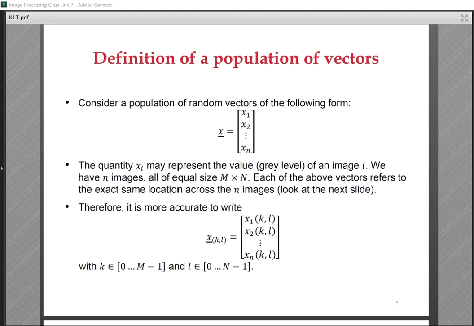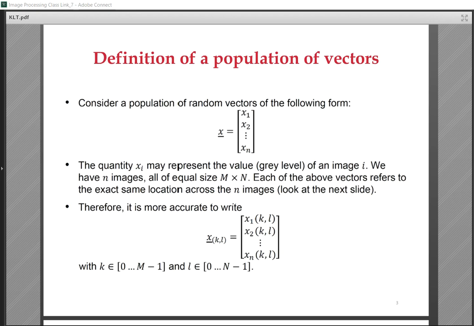Each of the above vectors refers to the exact same location across the n images, for example x1(i,j), x2(i,j), and xn(i,j) for pixel (i,j). All of these vectors show gray level intensities for one pixel in n images.